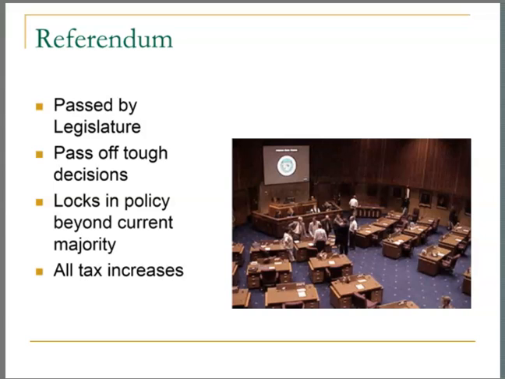Now, the legislature could have just passed that law, but by making it a referenda, it becomes a citizen issue, and the legislators are able to say, well, look, I would have never voted for a tax increase. All I'm doing is giving the citizens an opportunity to decide yes or no. And so it's a way to pass off the tough decisions.